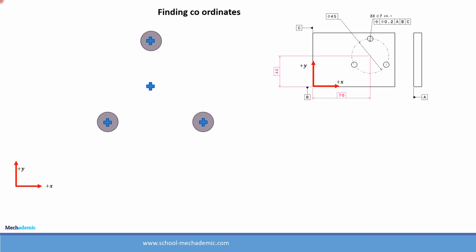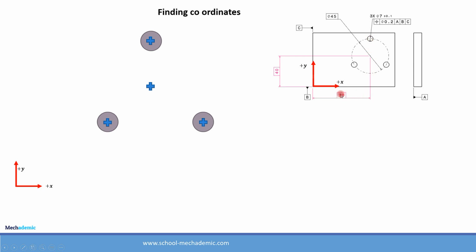Now let us find the coordinates for the center of the three tolerance zones which are corresponding to the three holes on the pitch circle. So let us do that for this one first, the topmost one. From the drawing we can make out that the nominal x distance of this hole is 70.